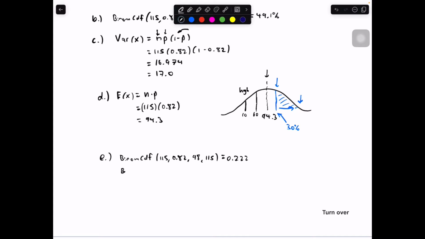And to be honest, for process, just because it is a 3-mark question, we might want to show this as, well, 97, 115, and we can say that this is equal to 0.303, which is too high. So this is the cutoff point right here, and we want to be less than 30, not more.